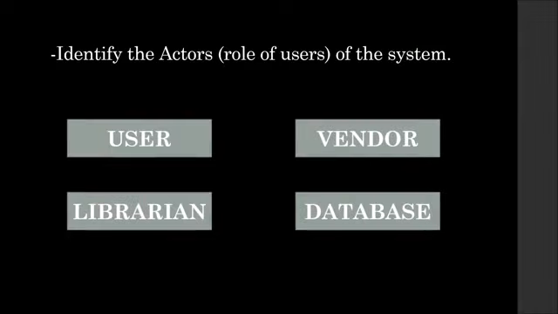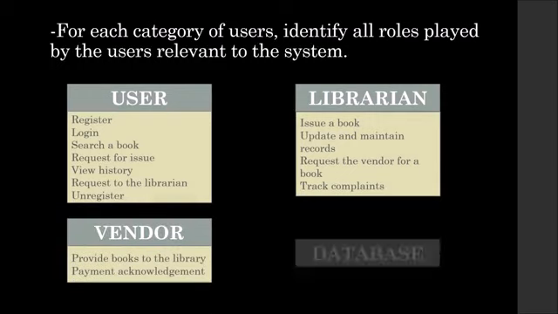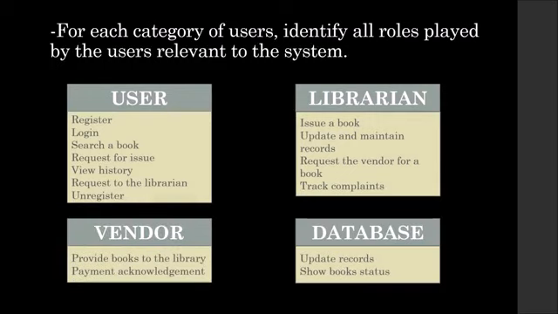Next, for each category of users, identify all roles played by the users relevant to the system. So the roles are the functions also to be stated. And we're going to plot it here. Gonna list it down. Okay.